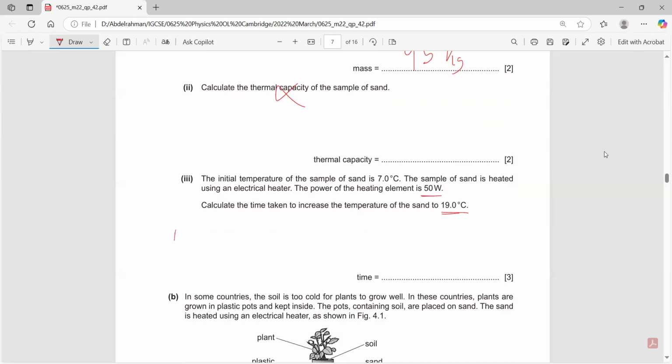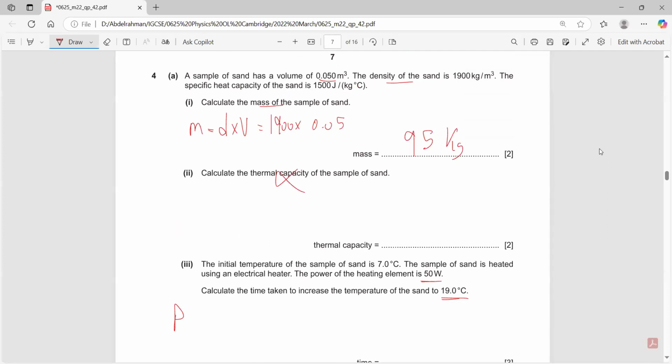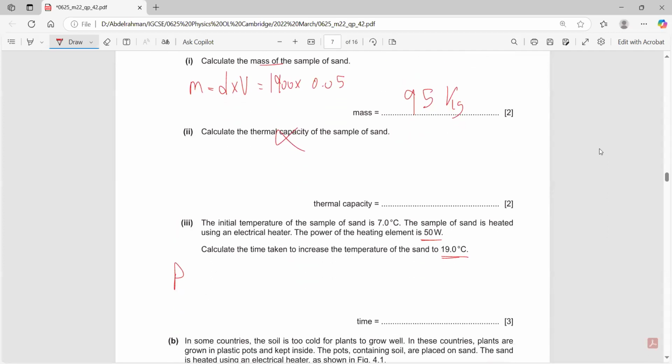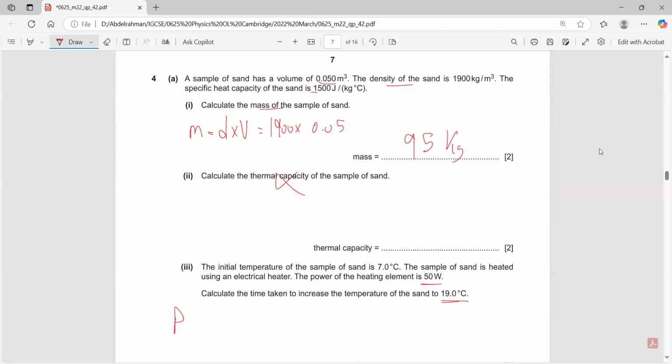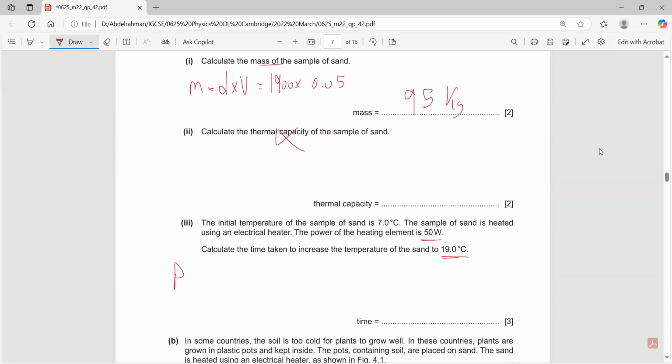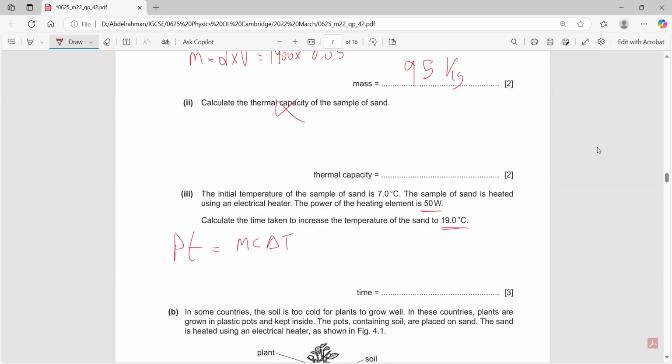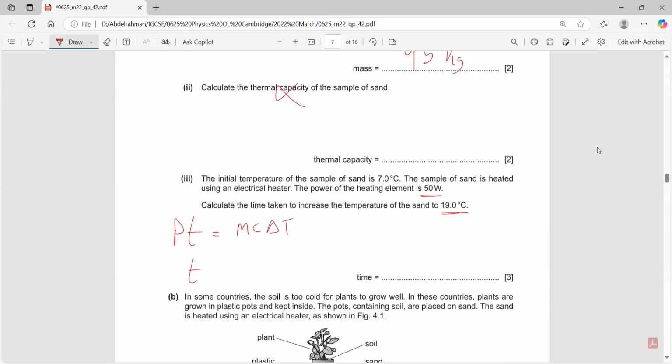Do we have the specific heat capacity? Yes, we do have it, which is 1,500. So basically, power times time equals mc delta t. You need the time, so time equals mc delta t over power. Mass is 95 kilograms. The C is 1,500, right?